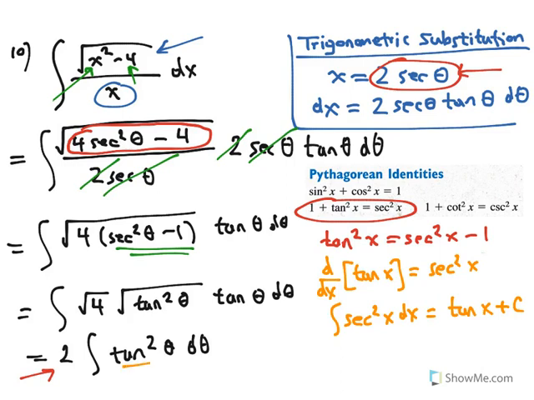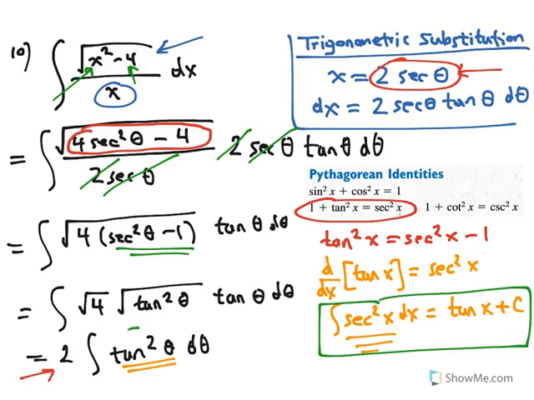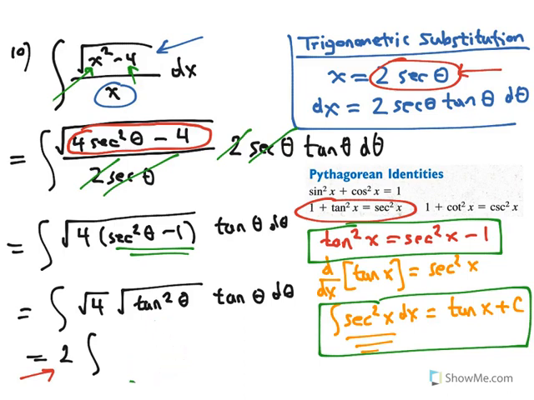After all, our integrand is not secant squared, it's tangent squared. If it were secant squared, we could use this, but we can rewrite our integrand using this Pythagorean identity as secant squared theta minus 1. And that's what we're going to do. Tangent squared theta will become secant squared theta minus 1.